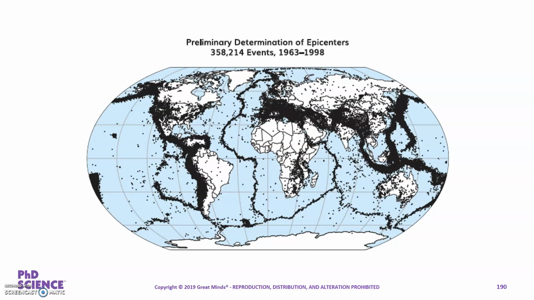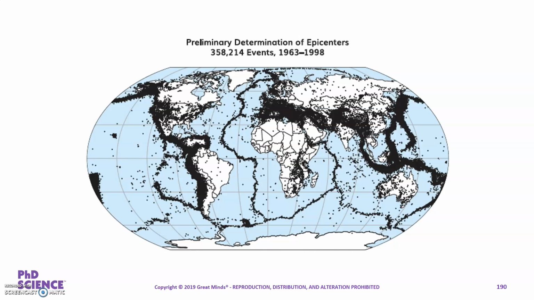One of the first things that stood out to me is that on the western side of North and South America, not just the United States, but all down the western side of the two continents, there's a really heavy black line. Those dots are so close together, and there's so many, that it almost looks like solid lines. As you move over to the eastern side of the continents, there's not nearly as much earthquake activity.